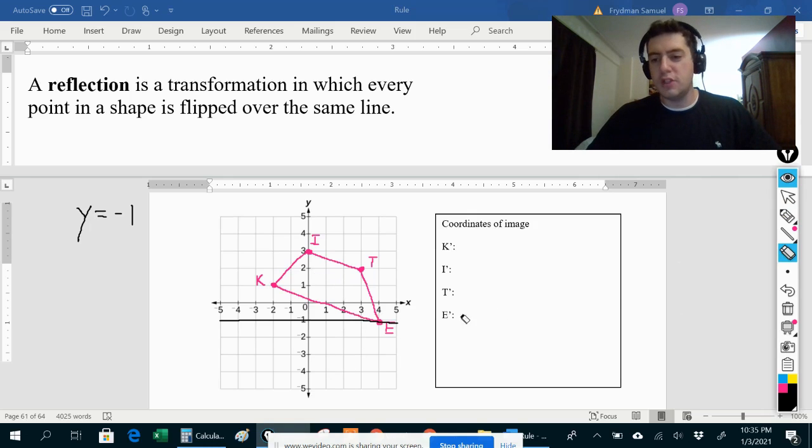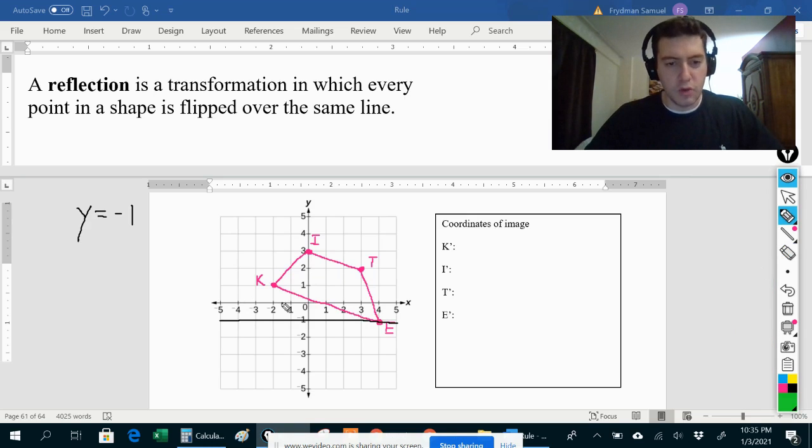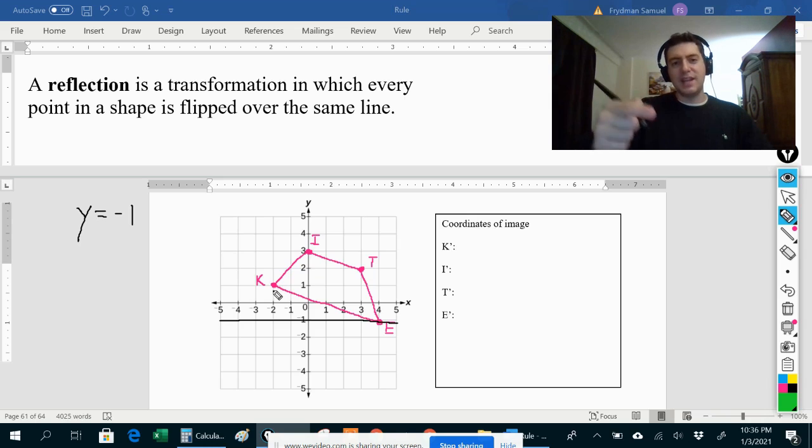Okay, so how do we do that? Well, it's actually pretty simple. So we're going to ask ourselves, how far is each point from that line? And then we're just going to draw the image of that point that same distance on the other side of the line.